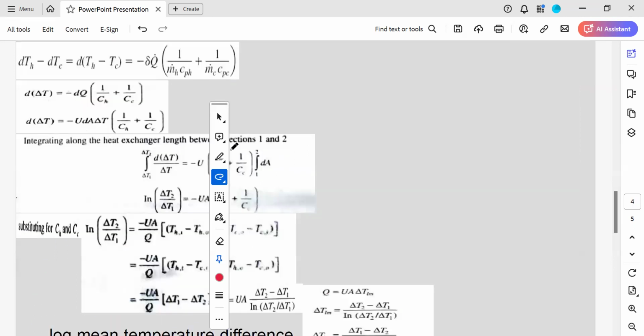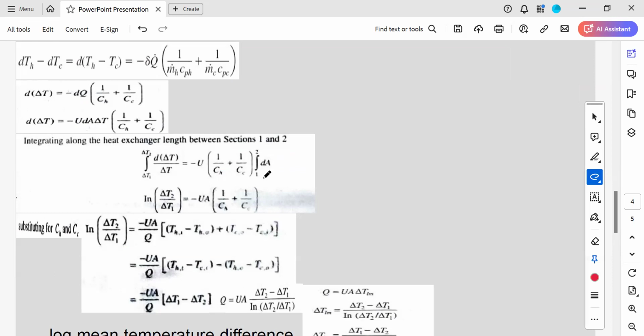Let us take the temperature difference at a distance x for the element dA. We can write d of TH minus TC, the temperature difference between the two fluids. Just now we derived that dTH is equal to minus dq by MH CH and dTC is equal to plus dq by MC CC.